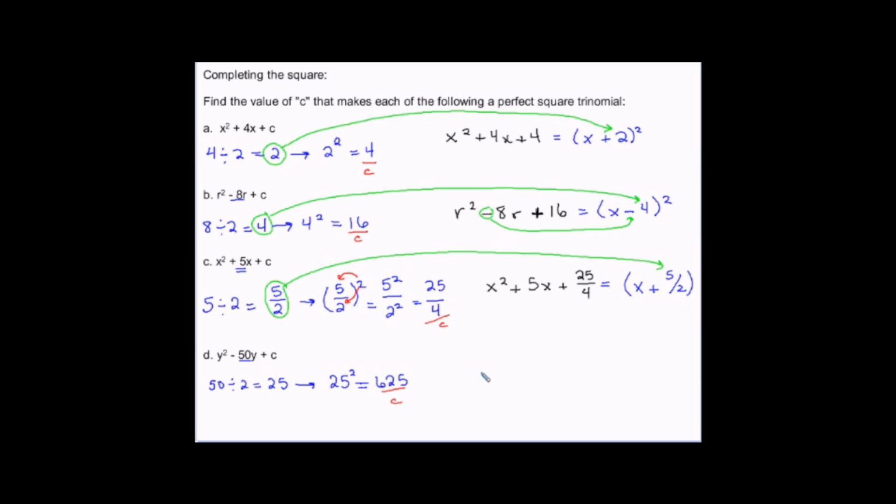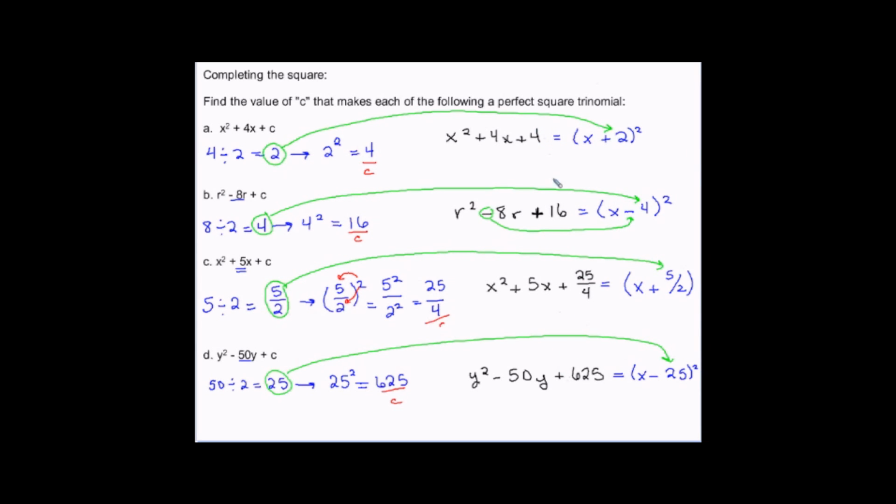So my perfect square trinomial is y squared minus 50y plus 625. I messed up my letters. And to factor this, I'm going to get y minus 25 squared.